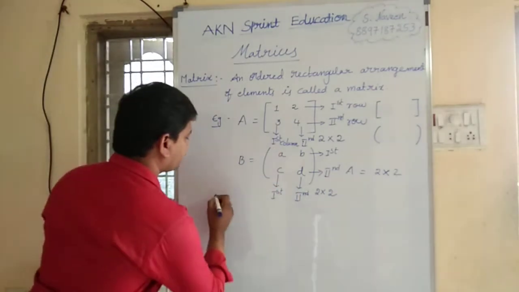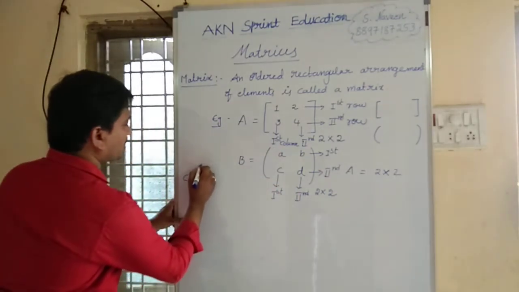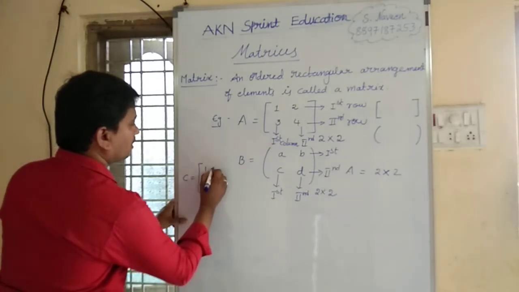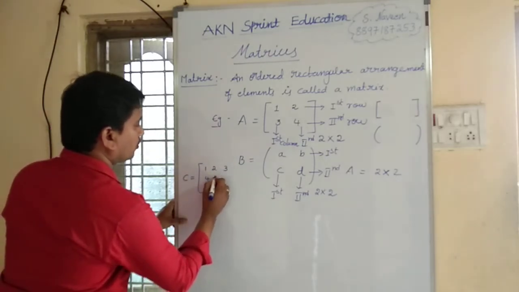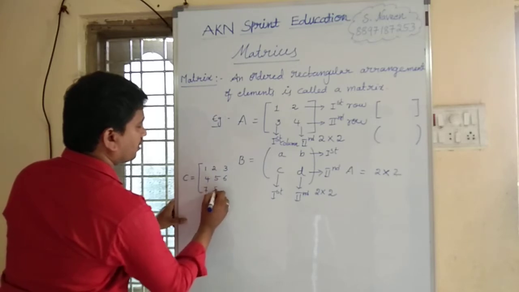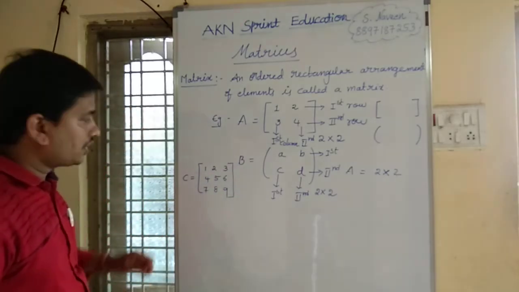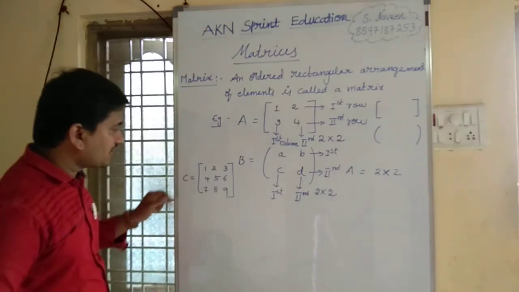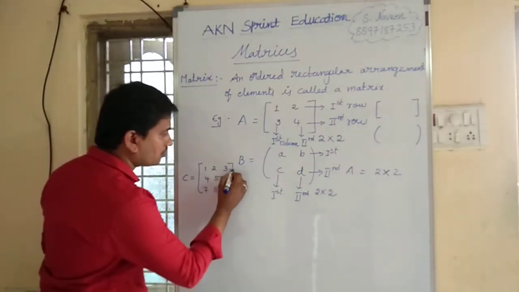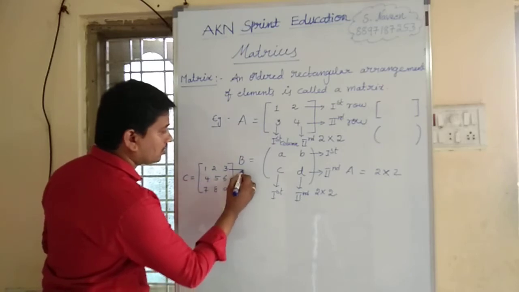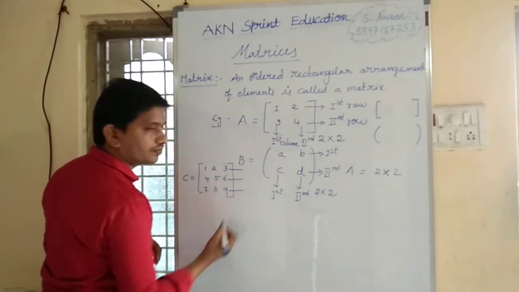For example, let us consider one more matrix. C is equal to 1, 2, 3, 4, 5, 6, 7, 8, 9. Here, in matrix C, we have three rows: first row, second row, third row.